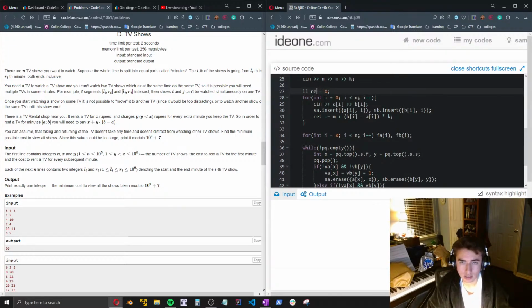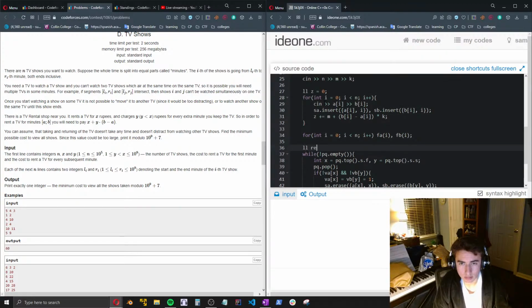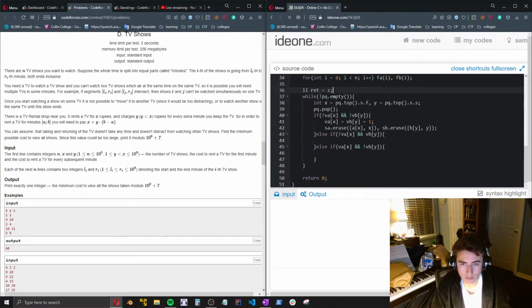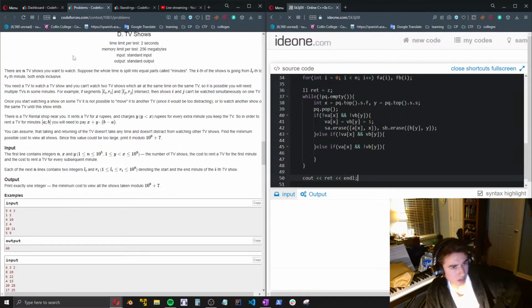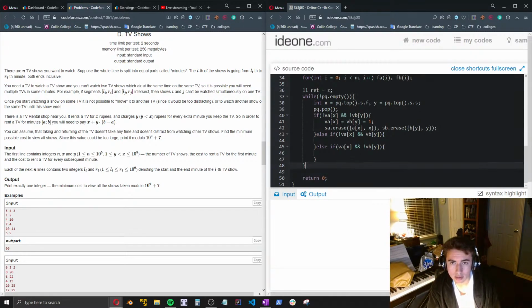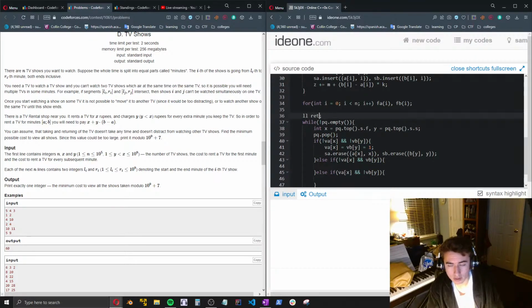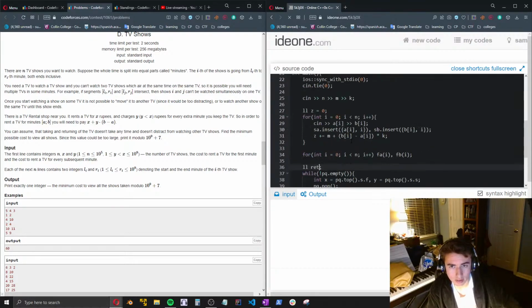Wait, let's make this z, and red is equal to z. Now, at some point of time, an interval may have negative cost. Actually, wait, no. We'll just only put intervals in the priority queue if they have positive cost.